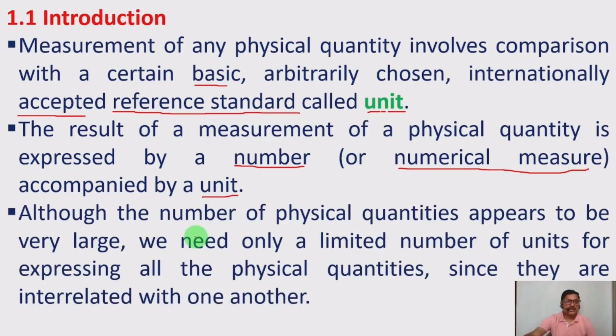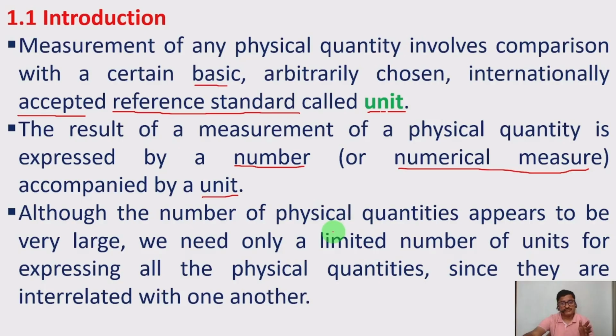Further, although the number of physical quantities appears to be very large around us, can we have one unit for each quantity? We cannot. We would require thousands of units.